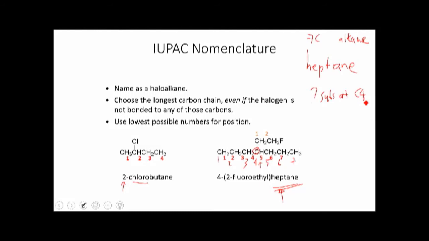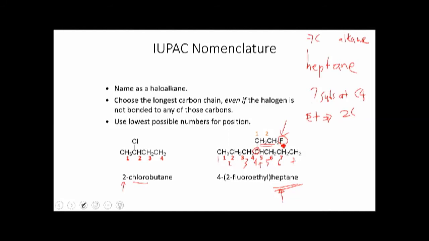What substituent? The substituent there is actually ethyl. How do we know it's ethyl? Because Et is for 2 carbons. But additionally we also have a fluoro there.